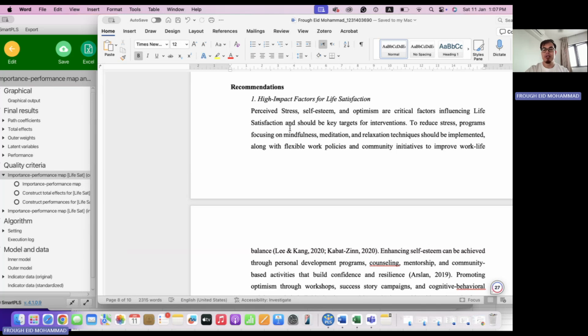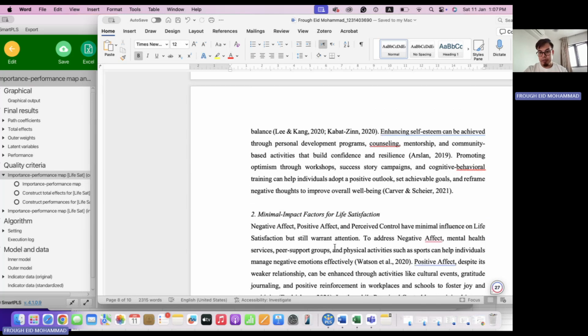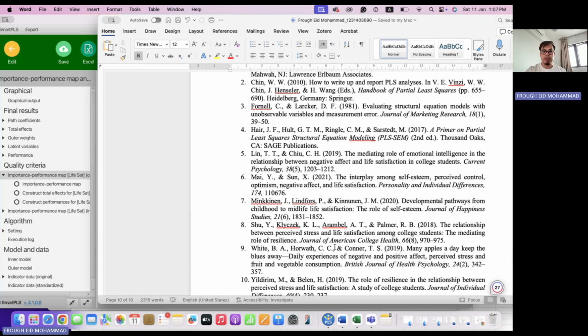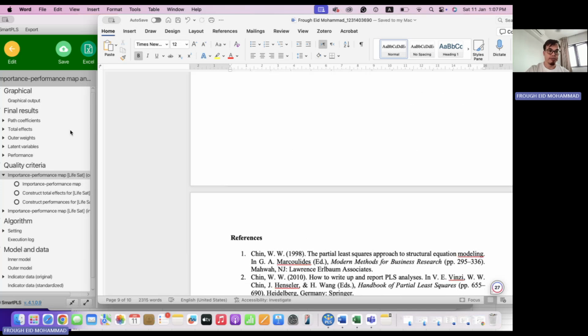High impact factors are for those variables that are supported, and the minimal ones are not supported, but they still have some small or minimal impacts, so I have written the recommendations for them. These are the citations that I have used for this one.